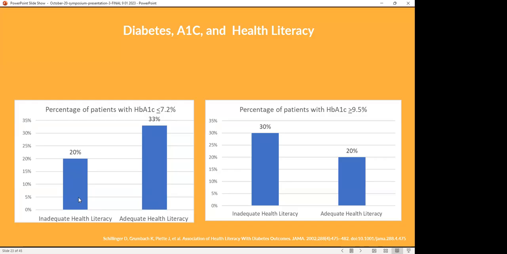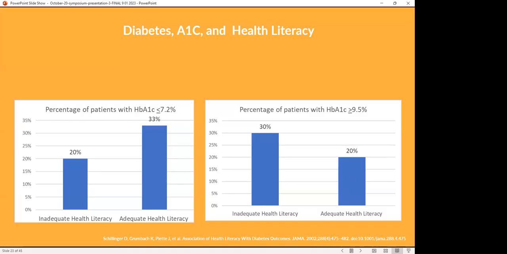Individuals that had adequate health literacy, 33% had A1C equal to or less than 7.2%. Here, individuals that had inadequate health literacy, 30% compared to 20% had A1C higher than 9.5%.